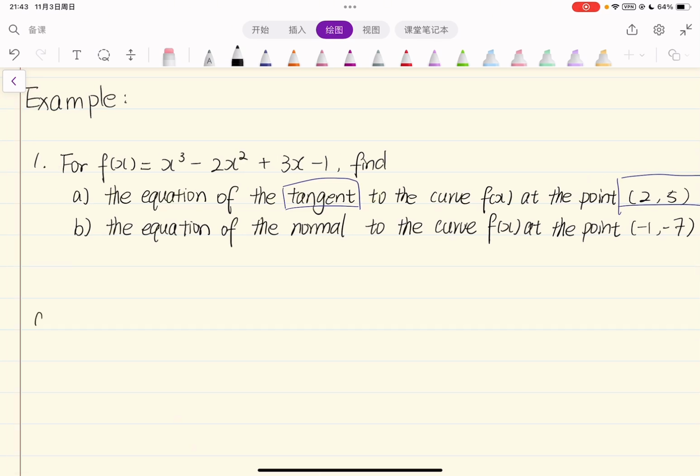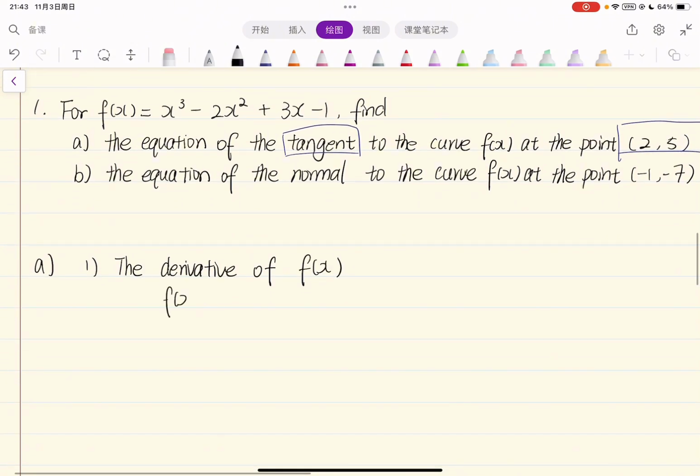If we want to find the equation of the tangent to the curve at a given point, the first thing we need to do is to find the derivative of f(x). In here, we know f(x) equals x cubed minus 2x squared plus 3x minus 1, so we have the derivative f dash x equals 3x squared minus 4x plus 3.